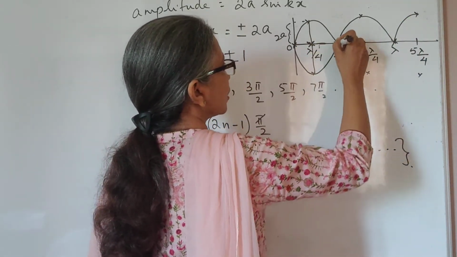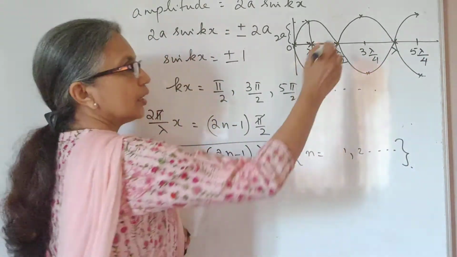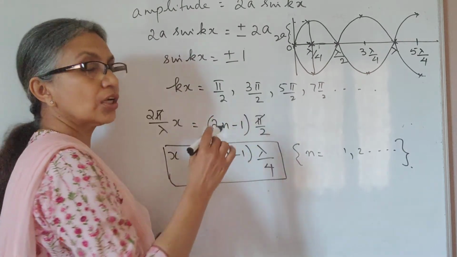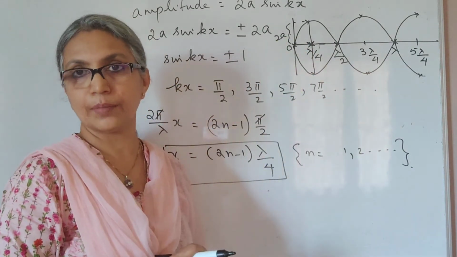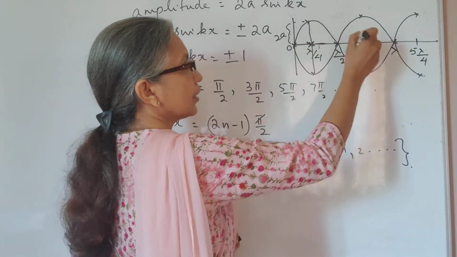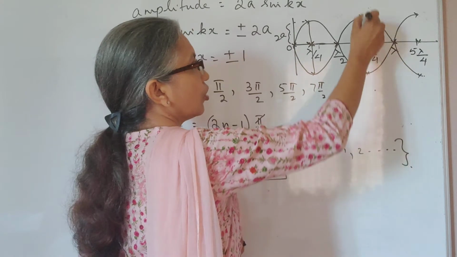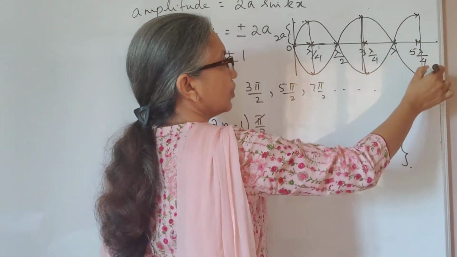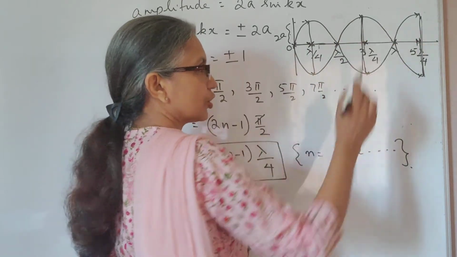So you see, you have a stationary wave or a standing wave where each particle, depending on its position from the origin, will have a given amplitude. The particles at the antinodes here, lambda by 4, 3 lambda by 4, 5 lambda by 4, are all oscillating with maximum amplitude plus or minus 2a. The particles at the node are stationary.